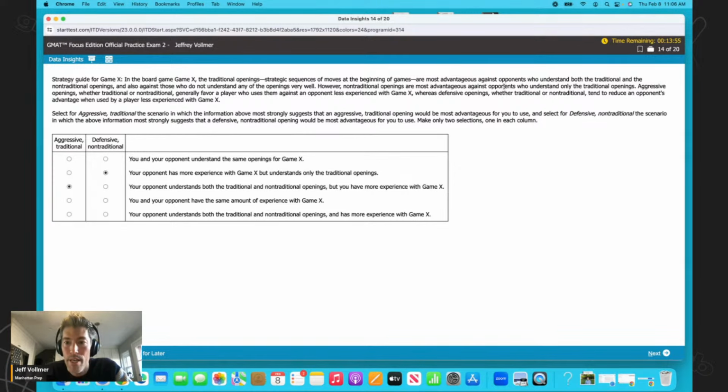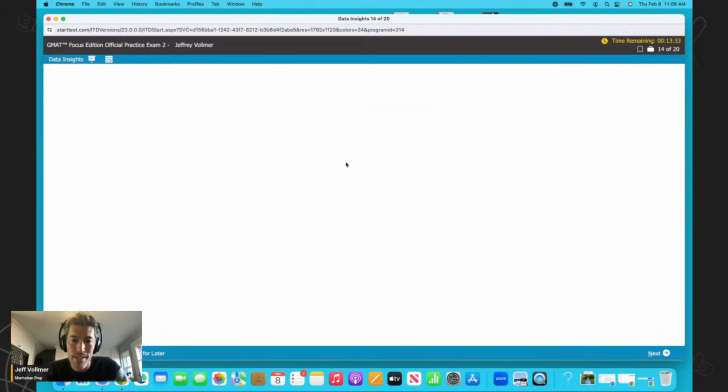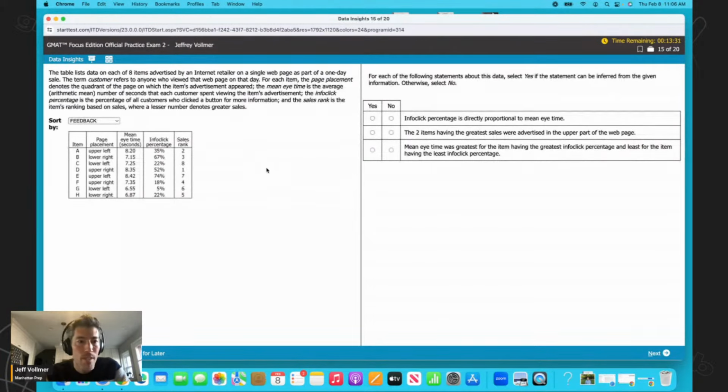Non-traditional openings are most advantageous against opponents who understand only the traditional openings. This is just find the text support. It's like reading comp. I was going to say it's like a critical reasoning ask, but it's almost reading comprehension here. Find the direct text support. It does say most strongly suggests, which would be an inference problem. It does seem like a specific detail problem to me a little bit.